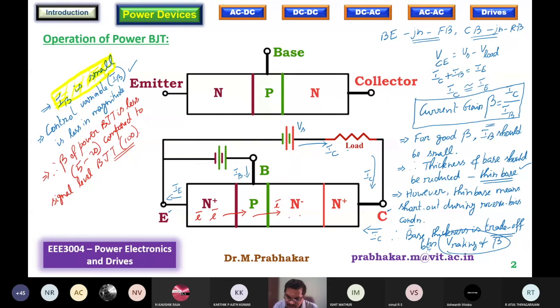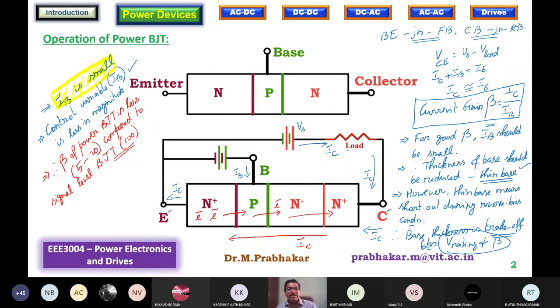Therefore, these electrons will simply be pulled into the N minus N plus interface and then they cross over to the collector. As a result, we have establishment of the collector current. Electrons are flowing in that direction. Obviously, collector current will be in the opposite direction, opposite to the conventional electron flow. So this is how current is getting established in the power BJT during regular operation, during normal operation.